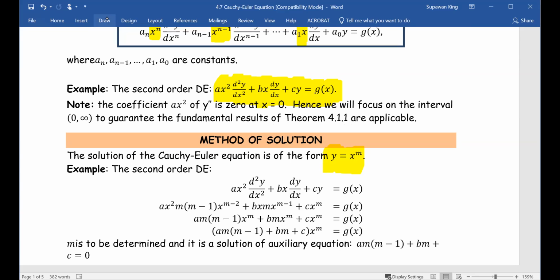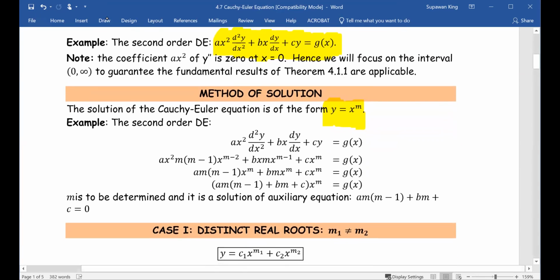But here, every time you take the derivative, the power is reduced by 1, and multiplying by x to the first power brings it back to the same form as the original. That's the concept behind the solution of the Cauchy Euler equation.